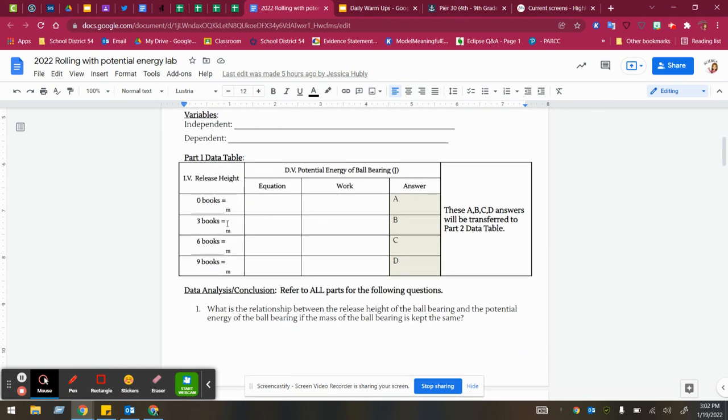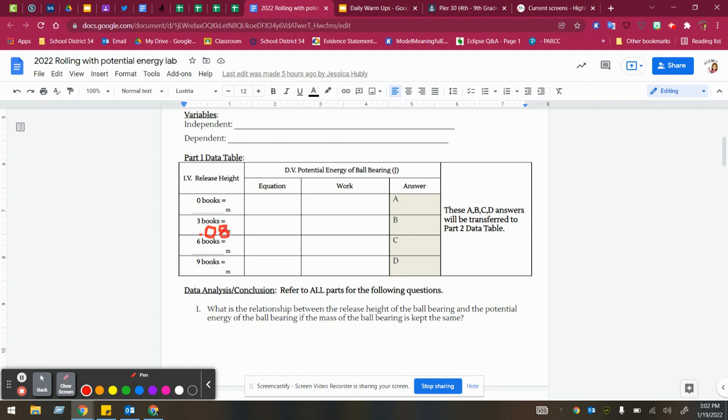For your data table, you were to have gone through and measured the height of 3 books. We know that the height of 0 books is going to be 0. Then you were to measure the height of 3 books. Most people found that the height of 3 books was around 0.05 meters.